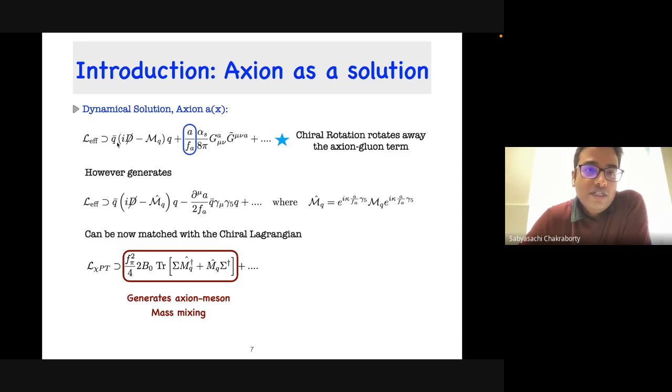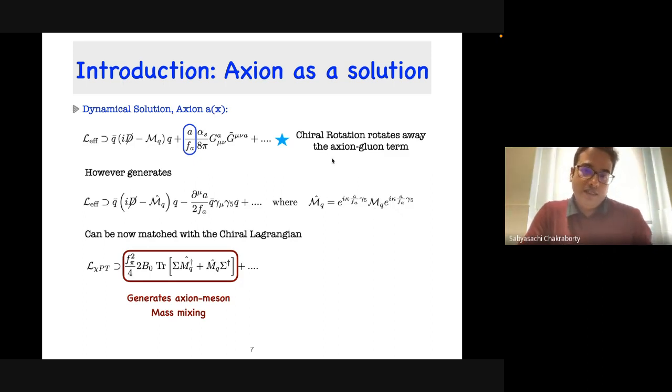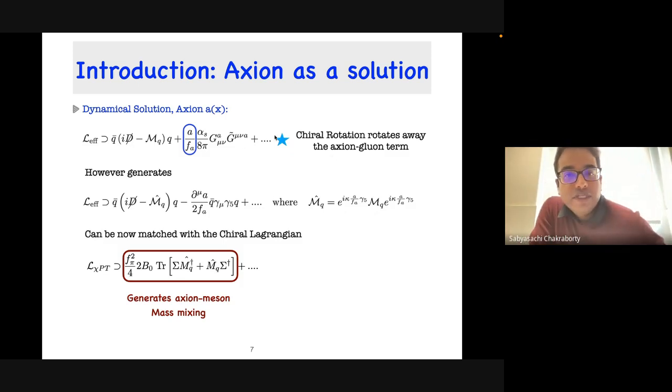Because this is a chiral rotation, Q_L transforms differently, Q_R transforms differently, and M_Q hat is essentially related to the chiral rotation and the quark mass matrices. So these in the literature are commonly known as two bases. People either work in this basis where you have a G G dual, or they can work in this basis where you rotate away a G G dual by doing a chiral rotation, but you then have a derivative coupling of the axion with quarks, and you have mass mixing of axions.